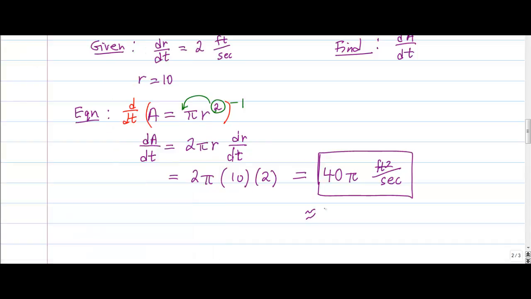So this is the decimal approximation. So that means the area is growing by roughly 126 square feet per second for the stone being tossed in. Okay, so let's go back to the notes.